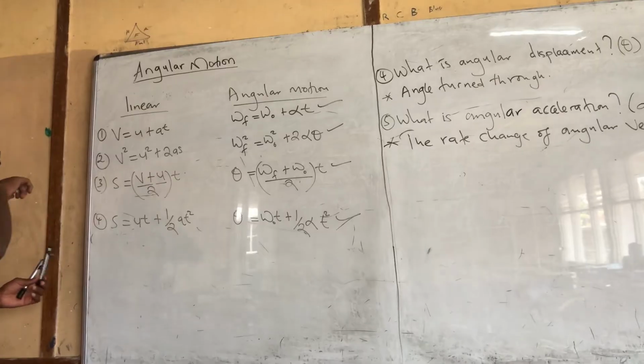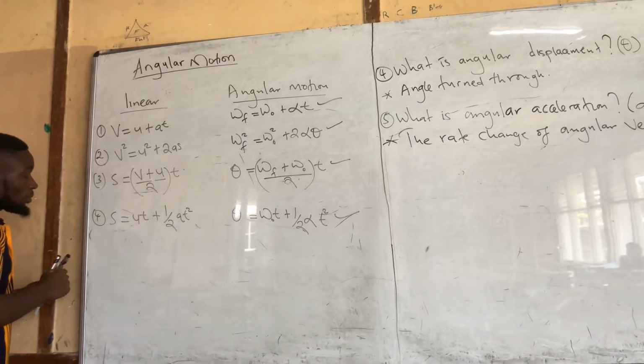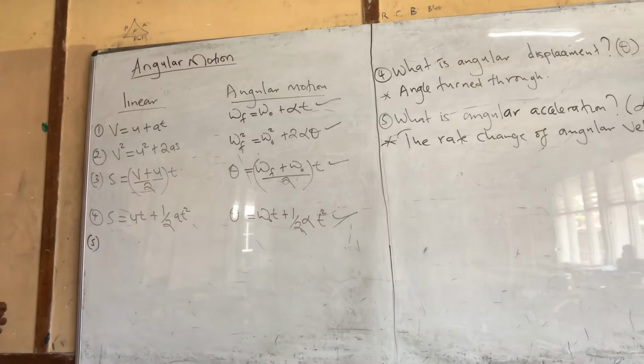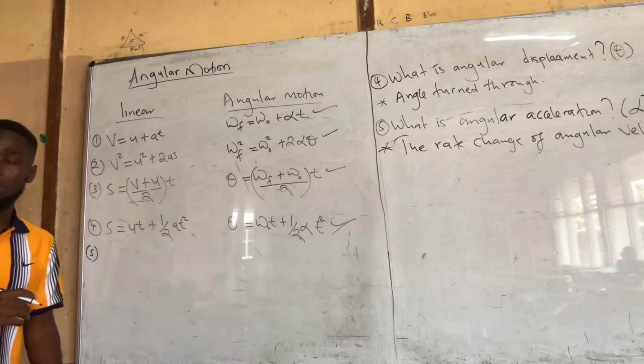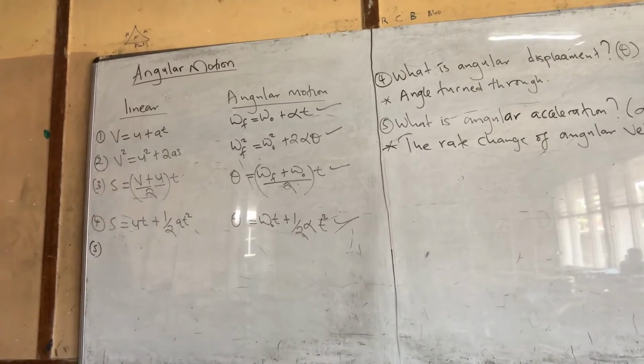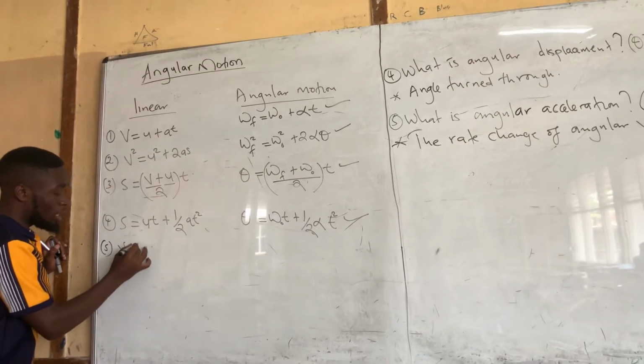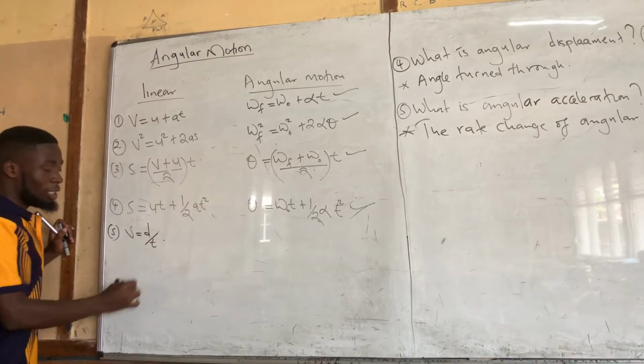What is the other equation? Let's say 5. We know that speed equals distance over time. So speed, which is v, equals d over time.